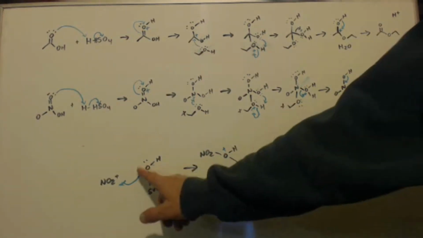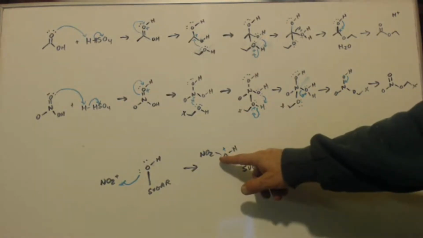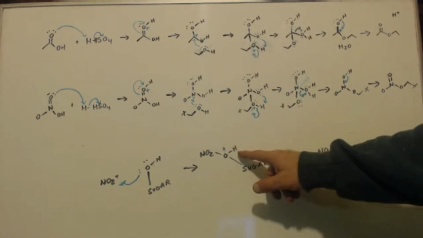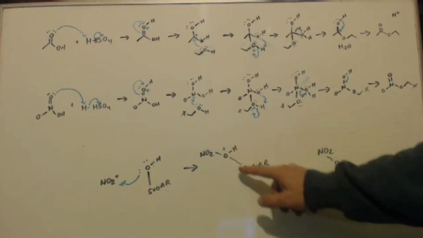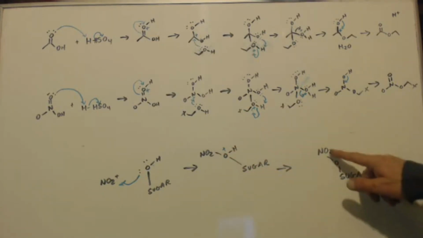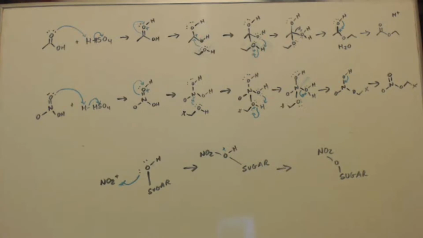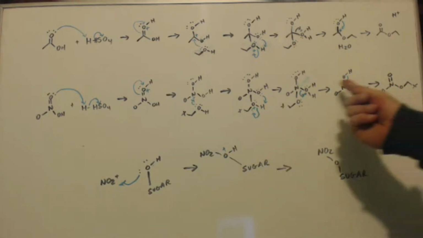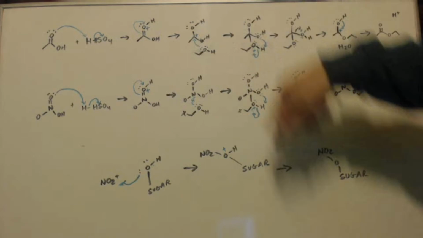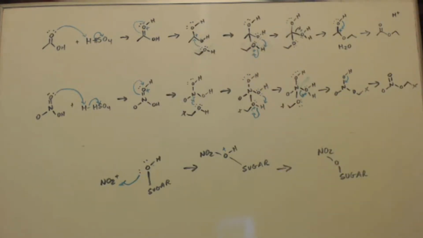These electrons come in, grab the positive nitronium ion, then they kick the hydrogen off so that it can become neutral, and you end up with this. But like I said, I'm unsure of the mechanism for this, but I do believe it's something like this. This would be the analog to this, but I don't think that's the way it goes.